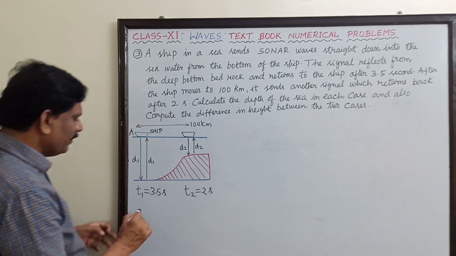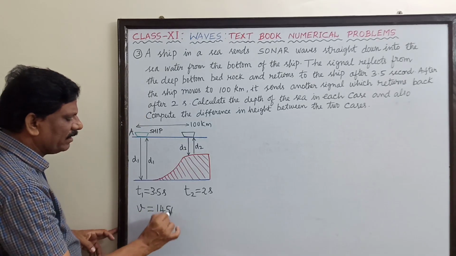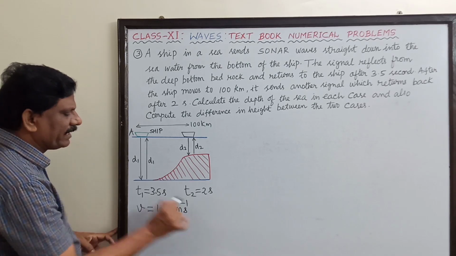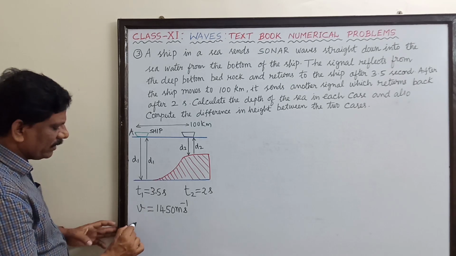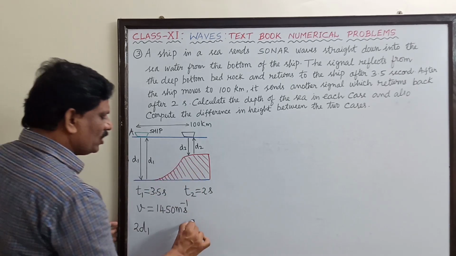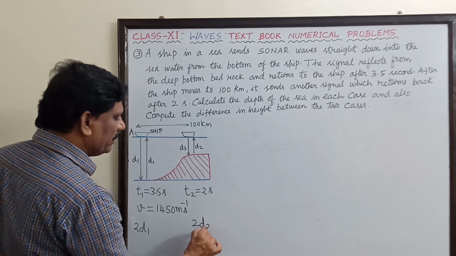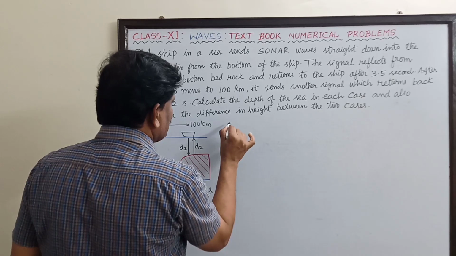So the velocity of sound in water is taken as 1450 meters per second in both the cases. In the first case the total distance is how much? 2D1. In the second case the total distance is 2D2.